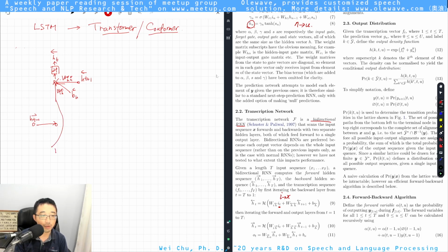You see, they use the same input IT. I should draw in a straight line. This is the WHH forward. This one is different from this one, because one is forward and one is backward. And here they use WIH forward, and the bias.